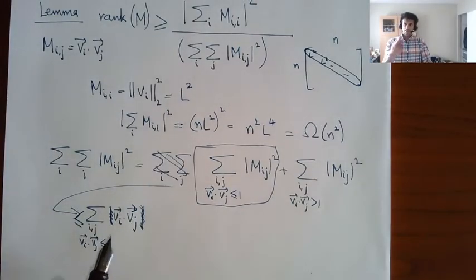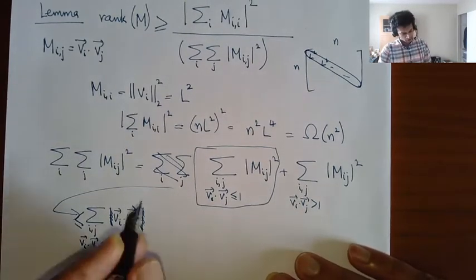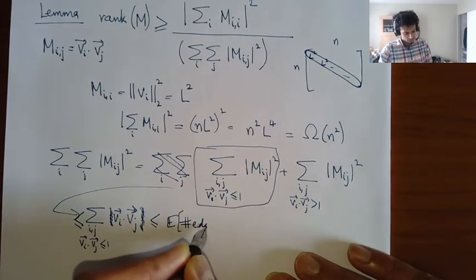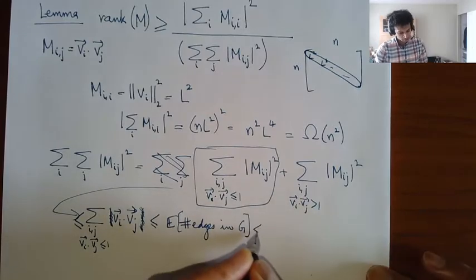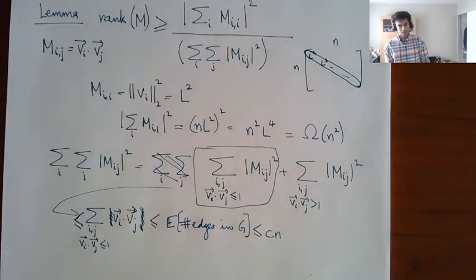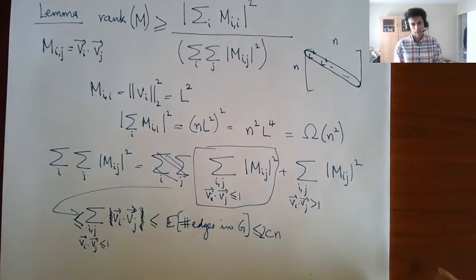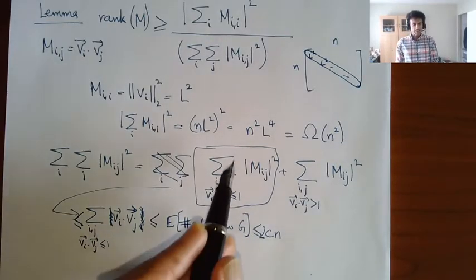That's the probability that the edge ij is present, and I'm summing over some subset of entries here. So this is at most the expected number of edges in the graph, and this is at most c times n, because I assumed all the vertices had expected degree c. Or maybe I should say it's 2cn, up to a constant. So that takes care of the first term.